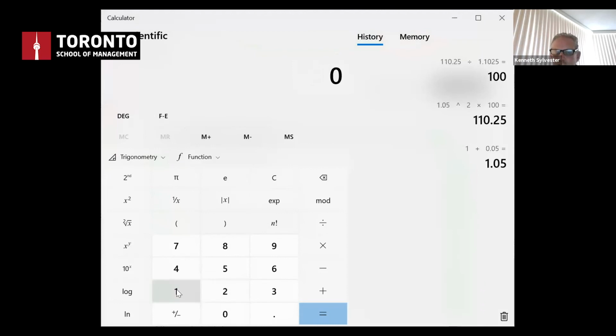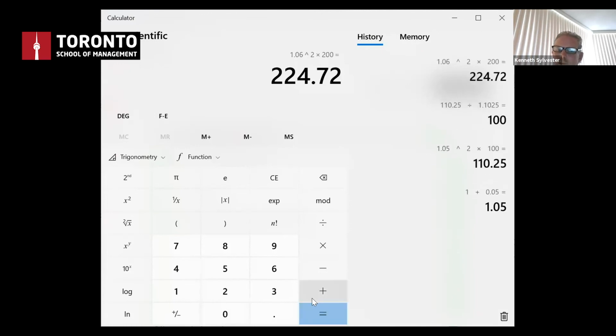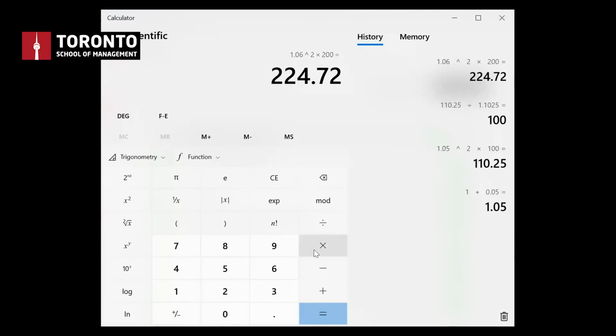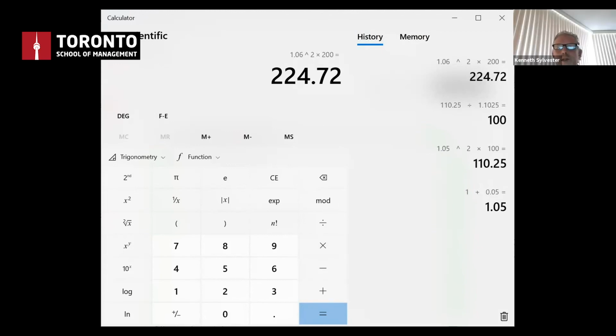First we need to do the interest factor: 1.06 x to the y, 2. Then I multiply that by $200, and that gives me $224.72. Did anybody have a problem with that? No. Okay, good.